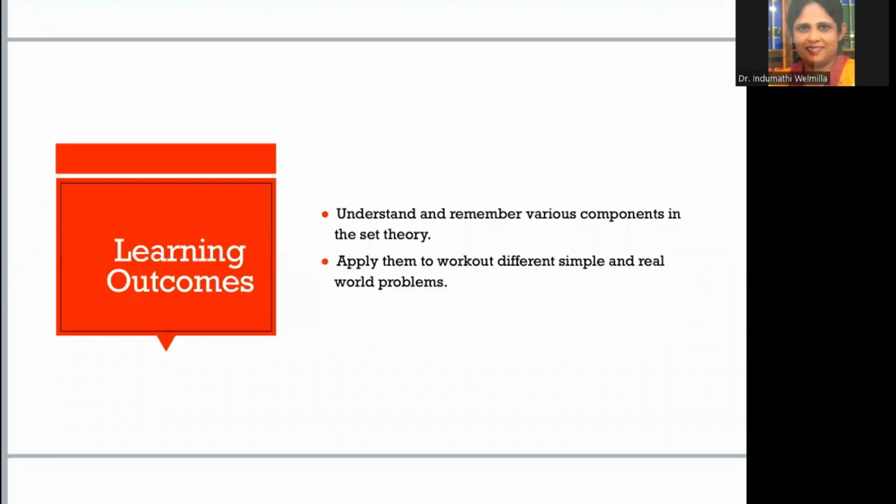First, the learning outcomes of this session. I will show you two requirements.